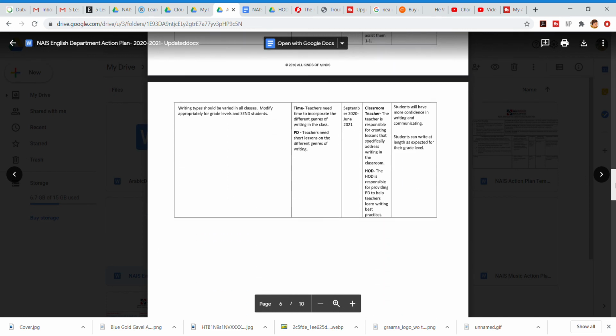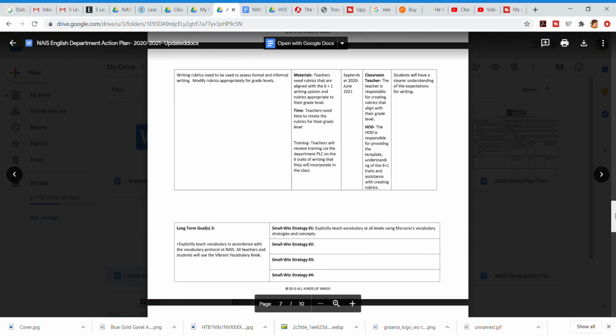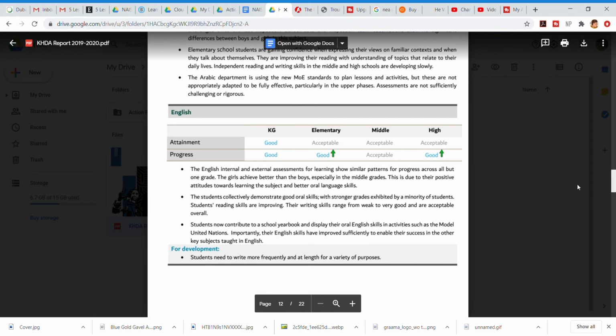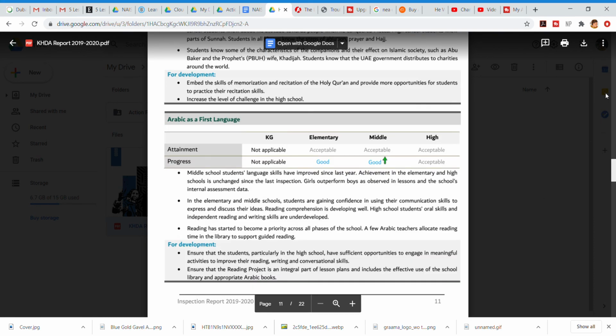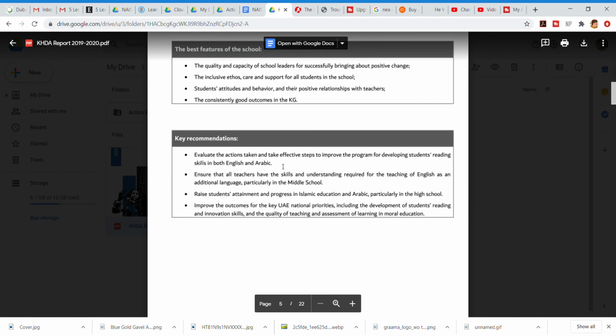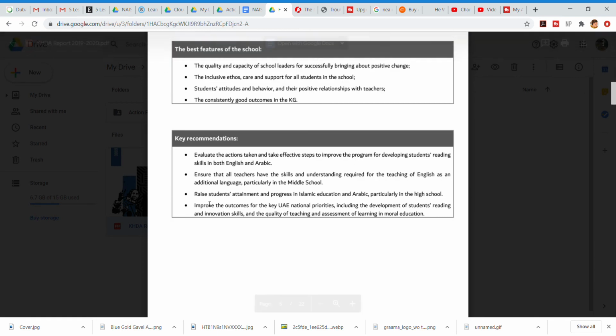Our last one is, what are we going? I don't know. Vocabulary, which you did not see anything about vocabulary in the document that was provided, and that is because vocabulary was a major, I'm going to find it real quick, overall school improvement plan here. Where is it?